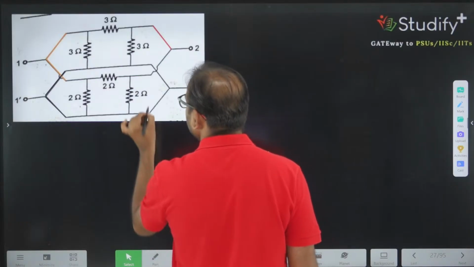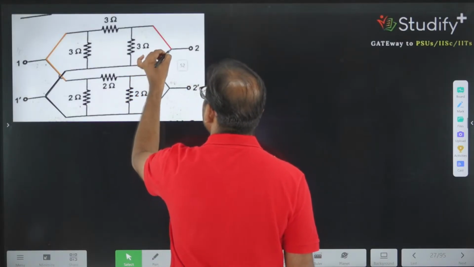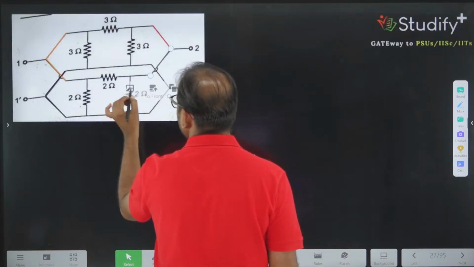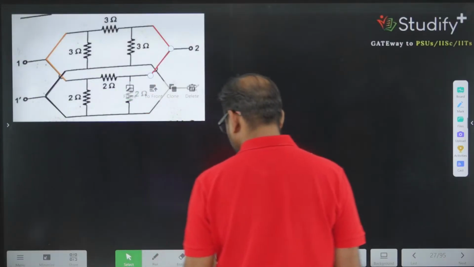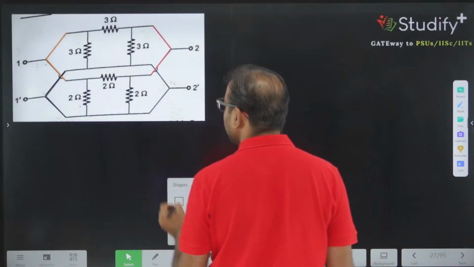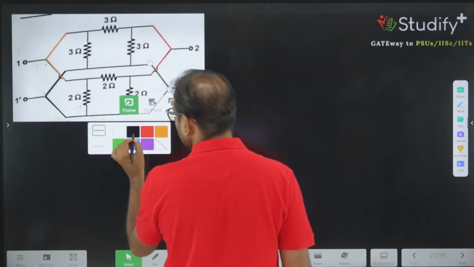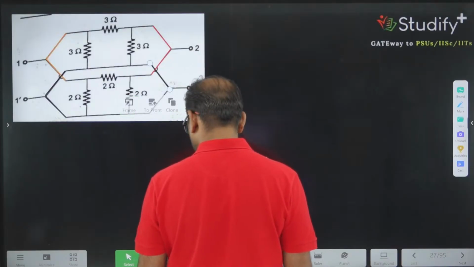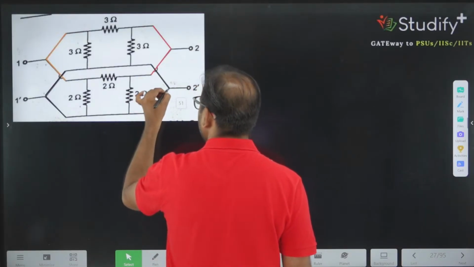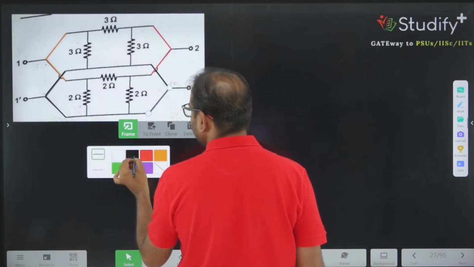Here we are having this. And here we are having the reference point of both two port networks also connected.